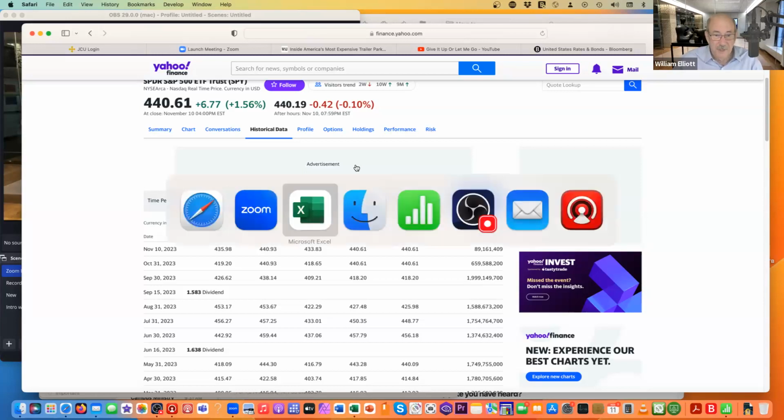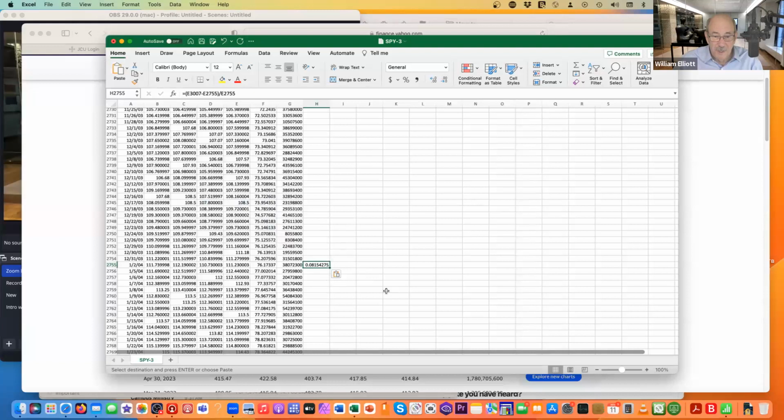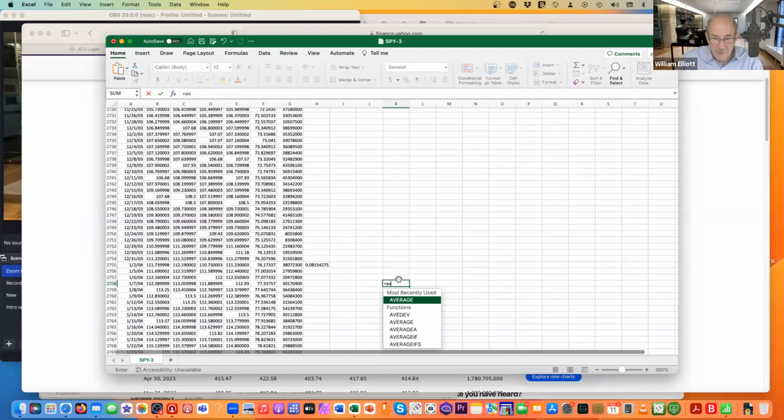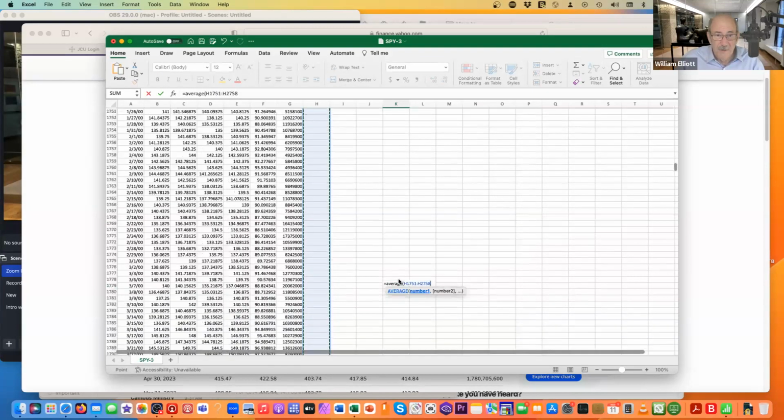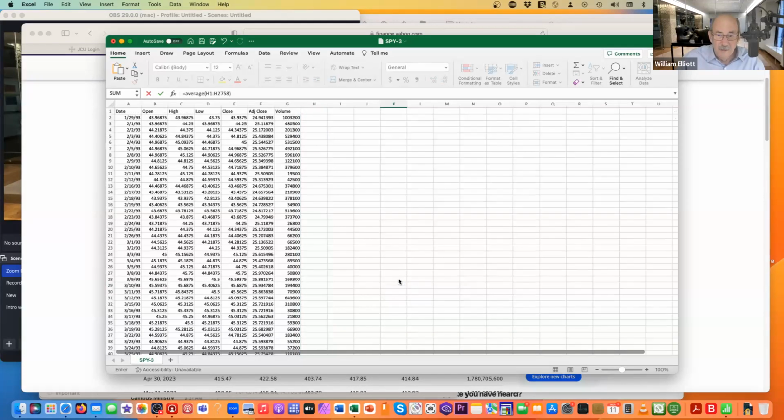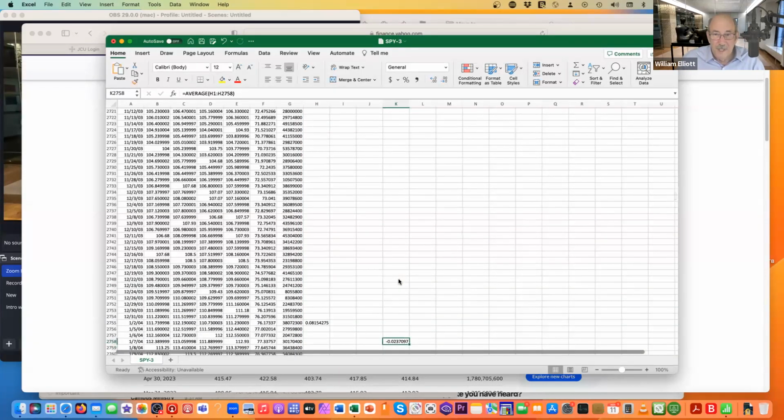So once I've got all of these done, I'm just going to do some sort of average for this entire row. And that would be my market return.